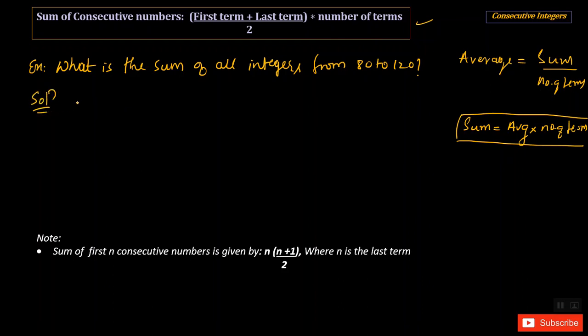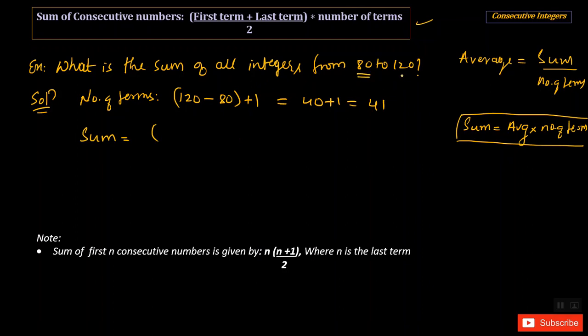First solve for the number of terms. We know the rule to calculate the number of terms, and because we are talking about the sum of 80 to 120, we are talking about inclusive, right? So the number of terms is your last term 120 minus your first term 80, and to this add 1. So 120 minus 80 is 40, 40 plus 1 is 41. Your sum here is the average of the first and the last term. The first term is 80 and the last term is 120.